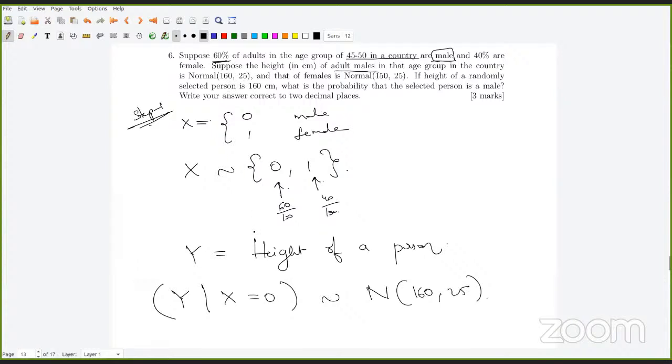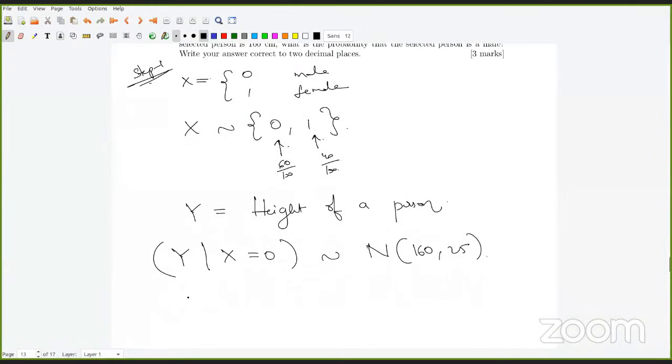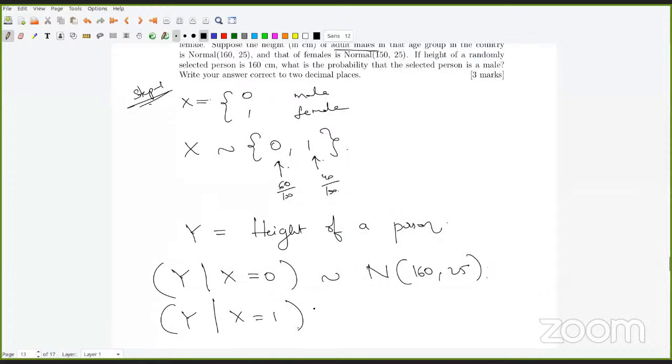If x is 0, then I know the distribution of y. And when x is 1, that means female, the height follows normal 150 comma 25.